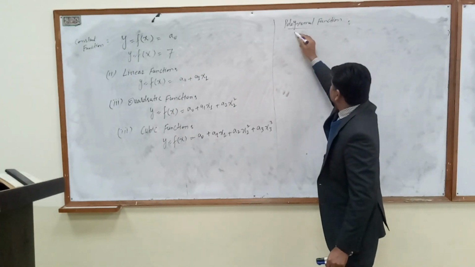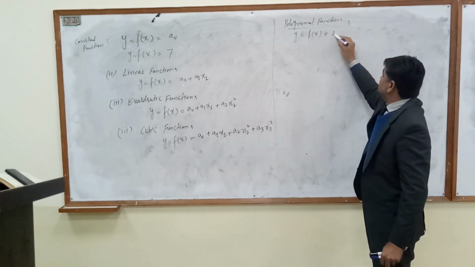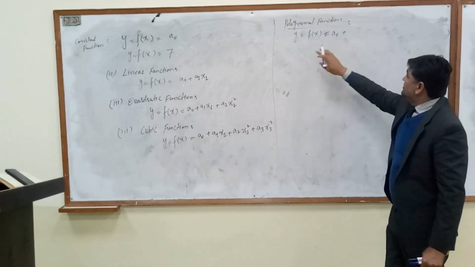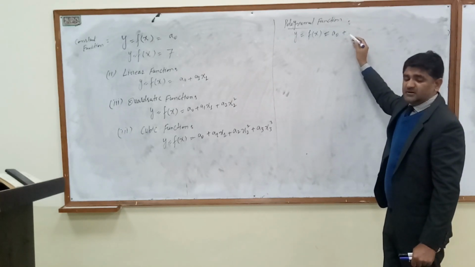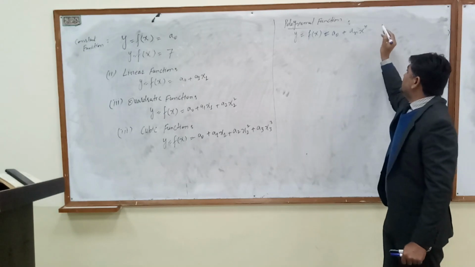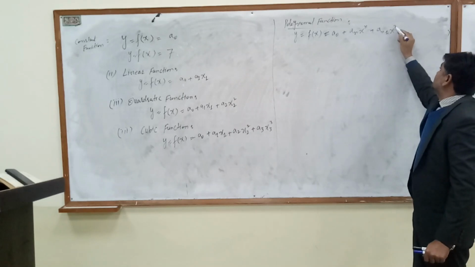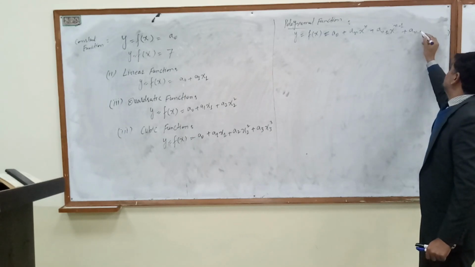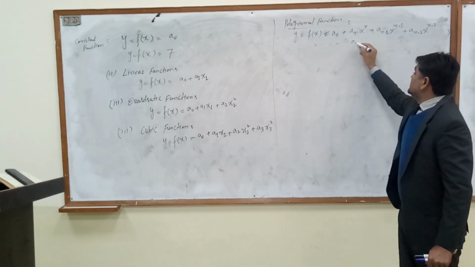So the general form of this function can be y is equal to f of x, where f of x is equal to a naught plus, suppose the power is n, a n into x raised to power n, plus a n minus 1 into x raised to power n minus 1, plus a n minus 2 into x raised to power n minus 2, up to a into x.